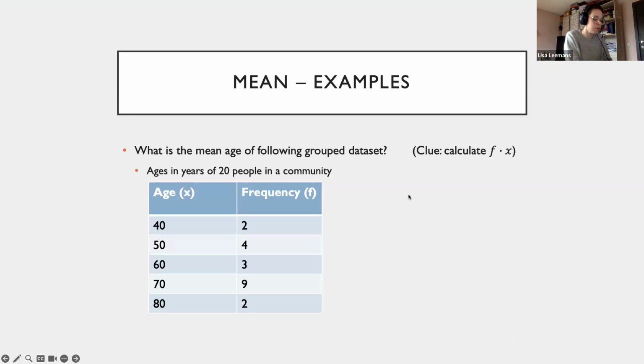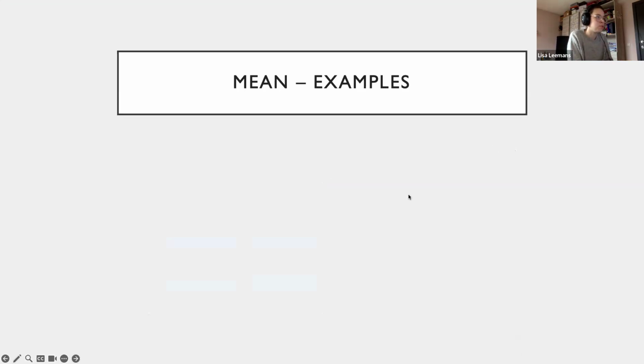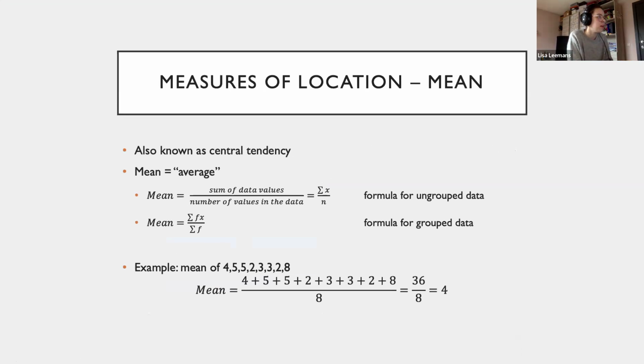So what you are supposed to do, I will just show you the formula again. Here we will add up all our products of our frequencies with our x values, so our data values, and that we will divide by the summation of our frequencies.